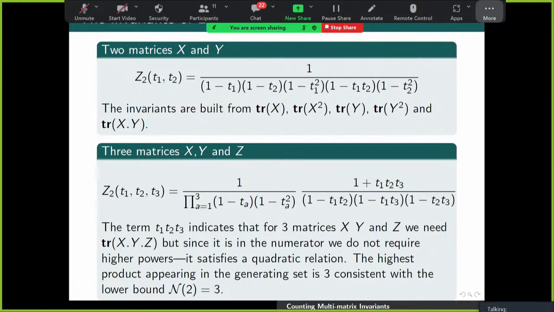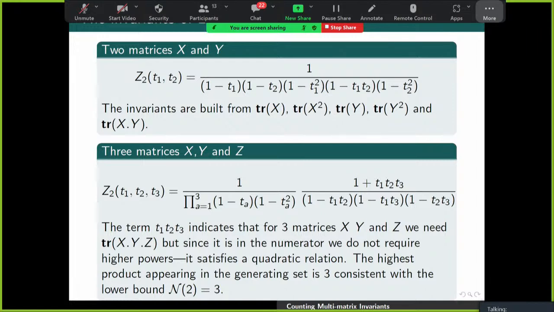And you can see that the invariants are trace of x, trace of x squared, and so on; we have these 5 invariants. If I take 3 matrices, we get something slightly more complicated, and there's a term on top, which is T1 T2 T3.